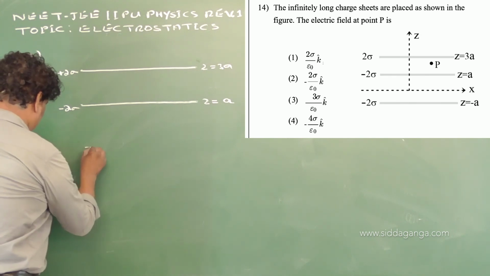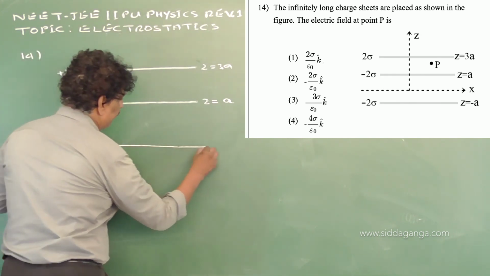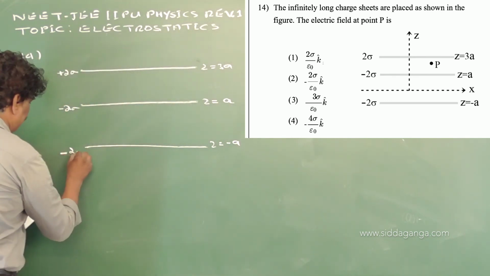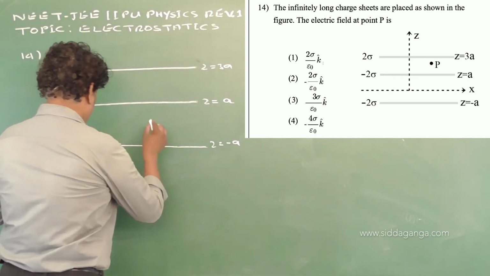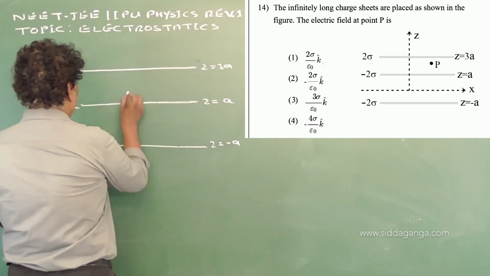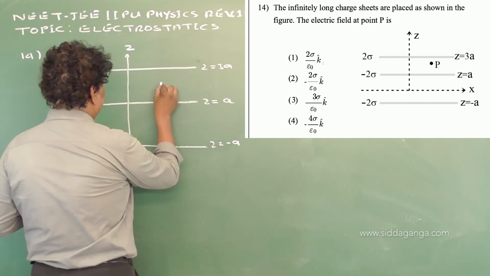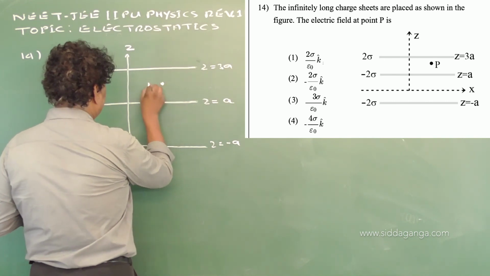Now the third plate has Z equal to minus A with minus 2 sigma. This is the direction of the Z axis. Now there is a point P here.